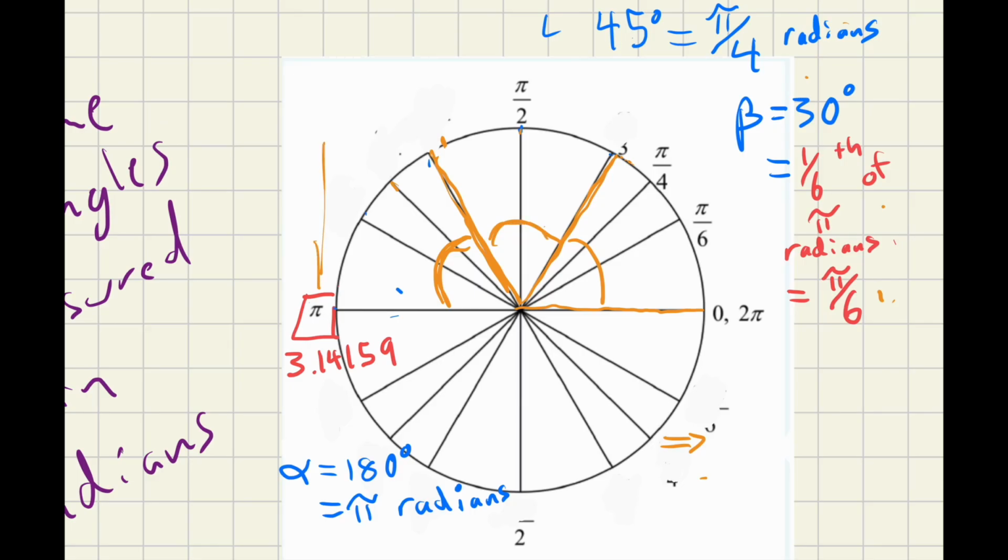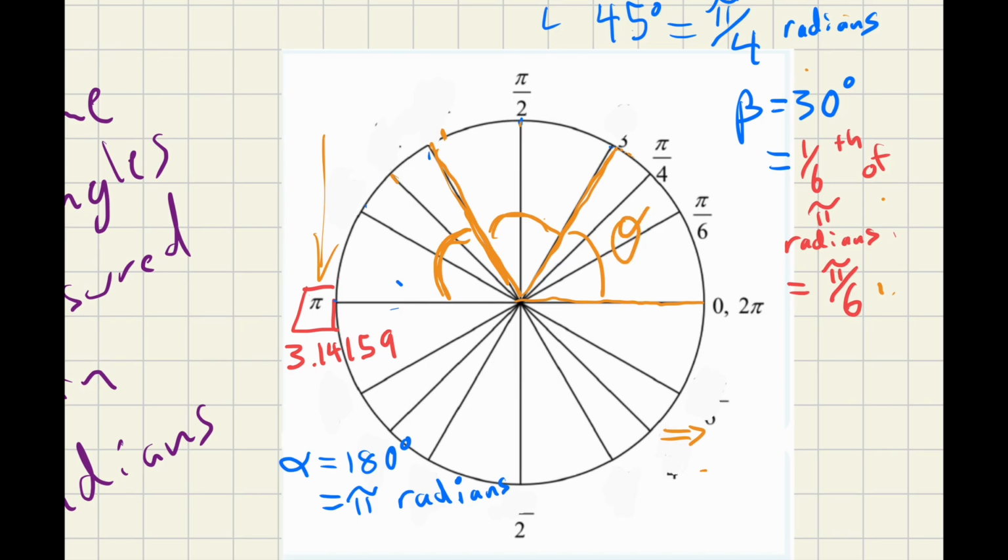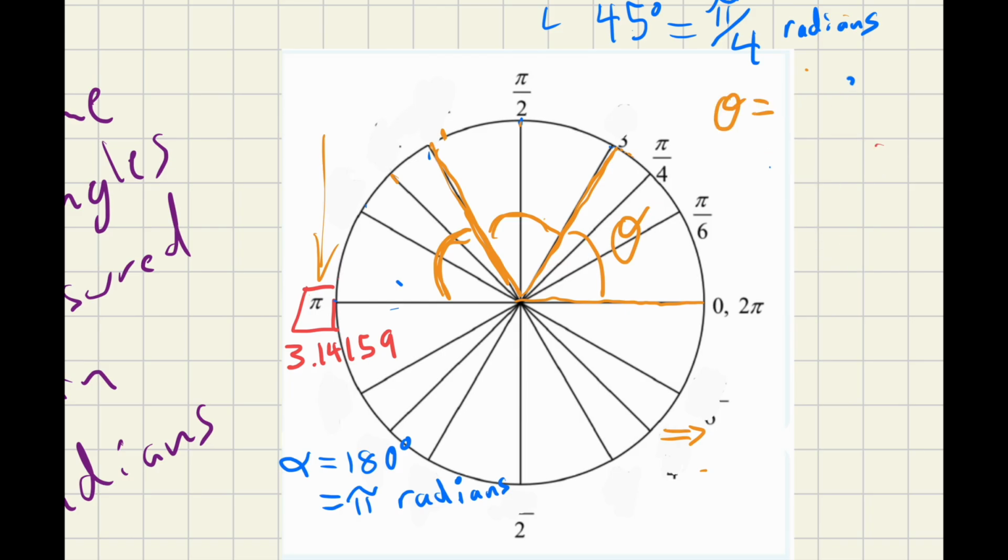It's taking the pi, that's the entire half circle, and it's divided into 3. If I call this angle theta, then it's 1/3 of 180 degrees. Theta is 60 degrees. Let's get that in radians. There are pi radians in half the circle, and we're 1/3 of the way around. This is pi over 3 radians.